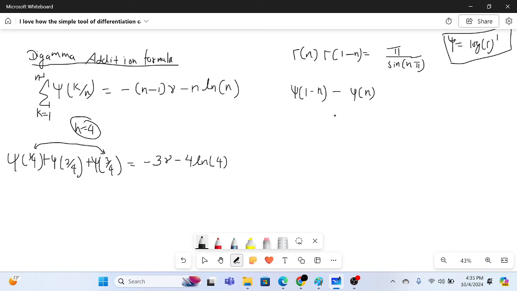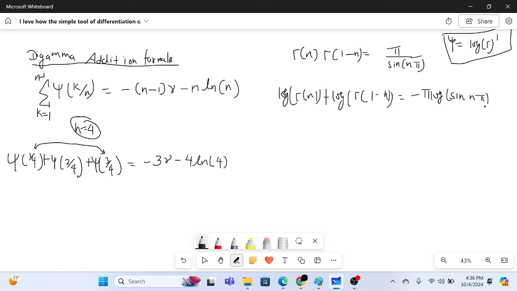Wait, let me differentiate. I forgot the order. Let me do it. So log of gamma of n plus log of gamma of 1 minus n is equal to log pi minus log sine n pi, right?